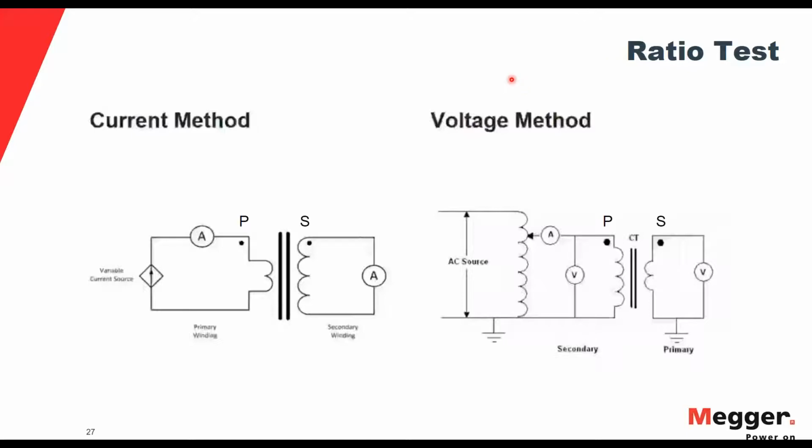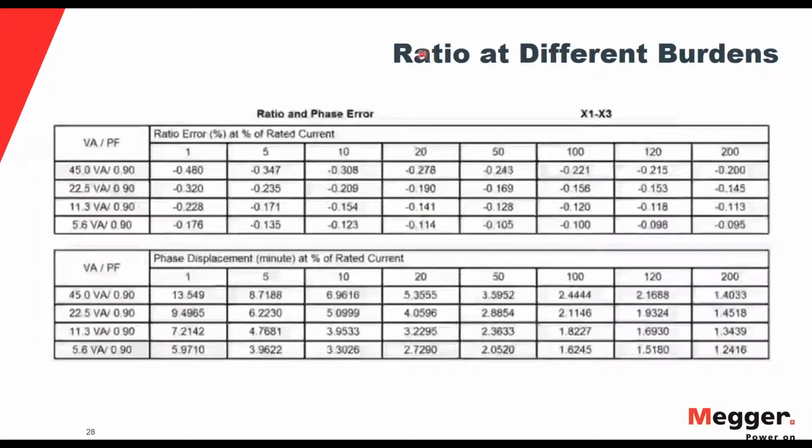You don't need a very high voltage to get the ratio very accurately. And from this voltage ratio, you can use some modeling to calculate the different rated current values at the different rated burdens. There are some models you can use, and usually they will give you tables like this.